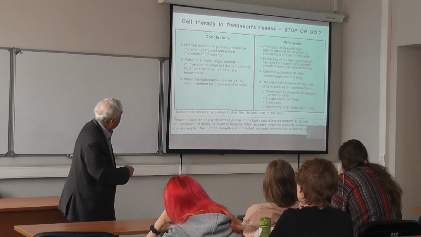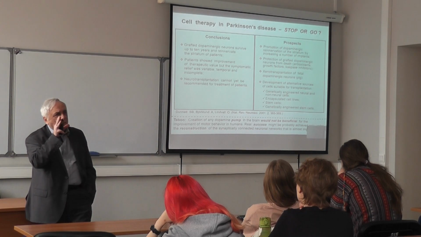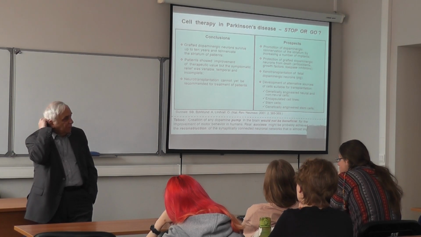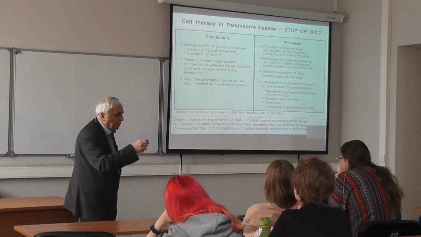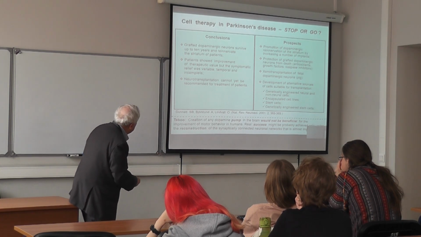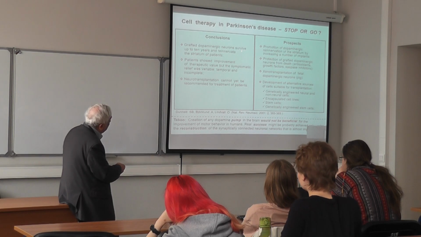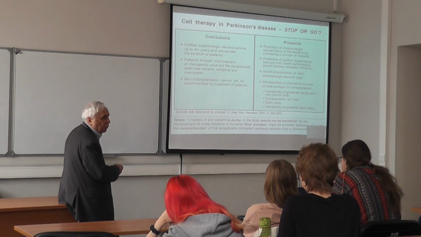But finally, altogether, all the teams of all the countries, we collected for several years 200 patient cases. And when evaluating the whole population of these patients, we came to the conclusion that grafted dopaminergic neurons survive up to 10 years and reinnervate the striatum of patients.